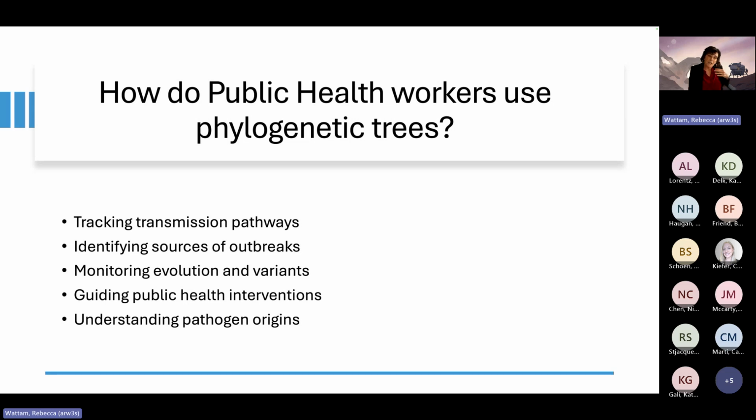And often you want to monitor not only the evolution of specific variants so that you can figure out what's going to happen and maybe have public health interventions, because if you can see a disaster coming, you need to step in front of it. And I was just told that you guys are preparing for Marburg, not that Marburg may come or it may not come, but it's a good thing to be prepared for that and to understand what might be on its way, and understanding pathogen origins, like Marburg. So these are all important parts of what a public health worker would use a phylogenetic tree for.